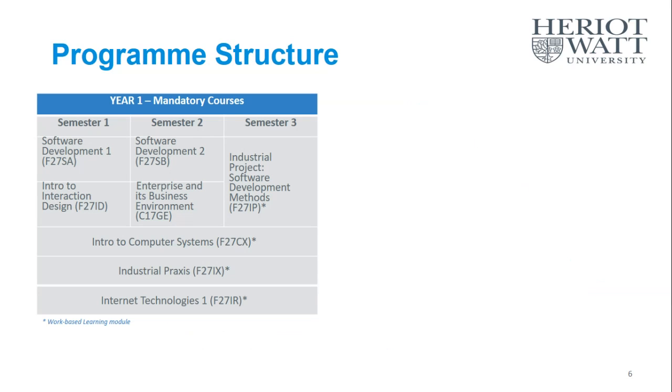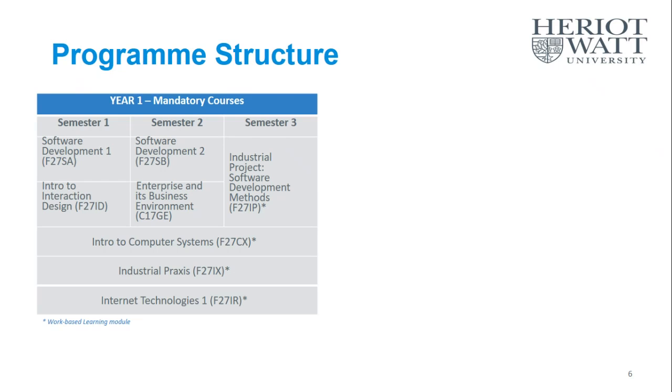Now, I'm showing the courses, the modules that are part of this program. What we teach in year 1, you will see that we have one industrial project in semester 3, which is software development methods. It's a very initial, very basic project. In semester 1, we have 2 courses which are taught on campus.